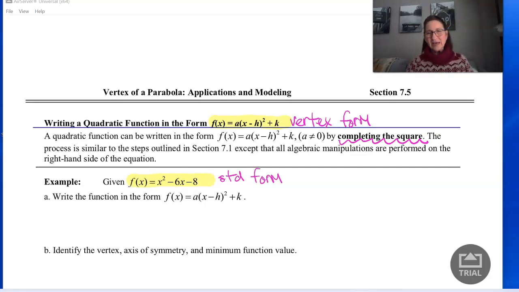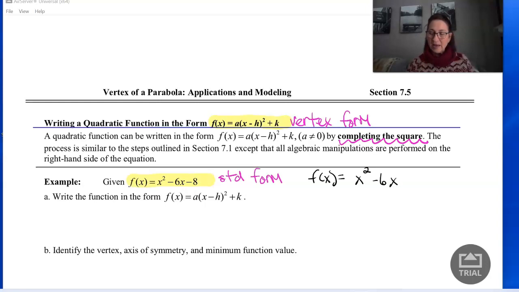So let's take that highlighted quadratic function, x squared minus 6x minus 8. And the first thing we're going to do is separate the x values from that negative 8. Literally pull them apart. But we're going to keep it all on the same side of the equation or function. So I'm just going to keep my variable terms, x squared minus 6x.